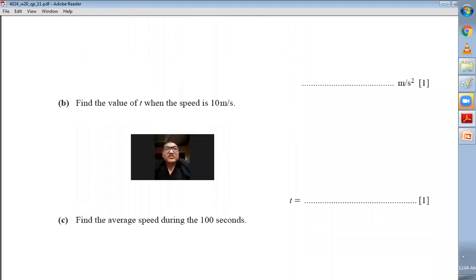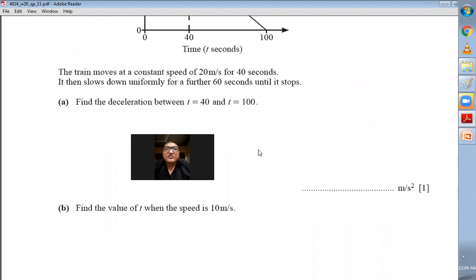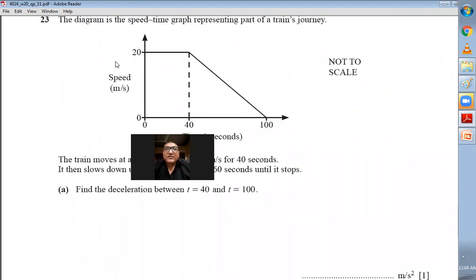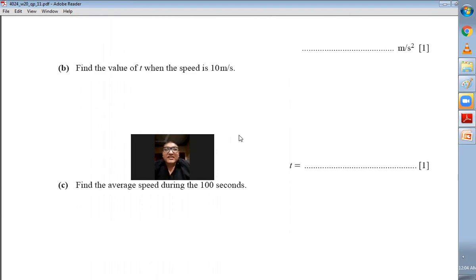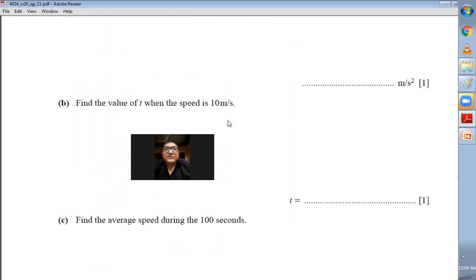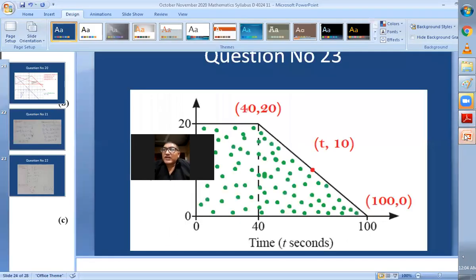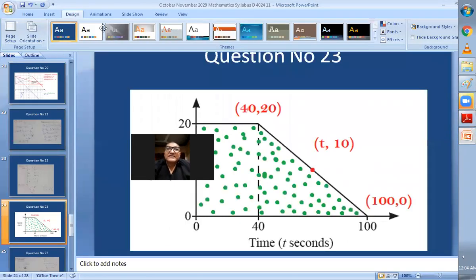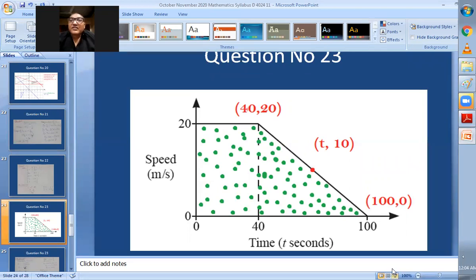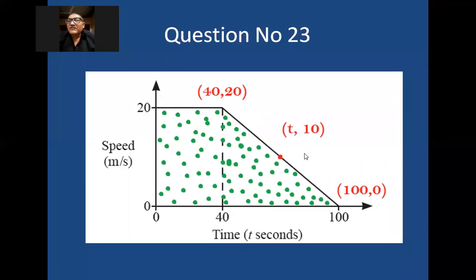The next question is: find the value of t when the speed is 10 meters per second. Here the speed is 20, here the speed is 0, so somewhere here the speed will be 10 meters per second. He asks what the time is when the speed is 10. That's the question. Let me show you my work. A very simple and straightforward question.